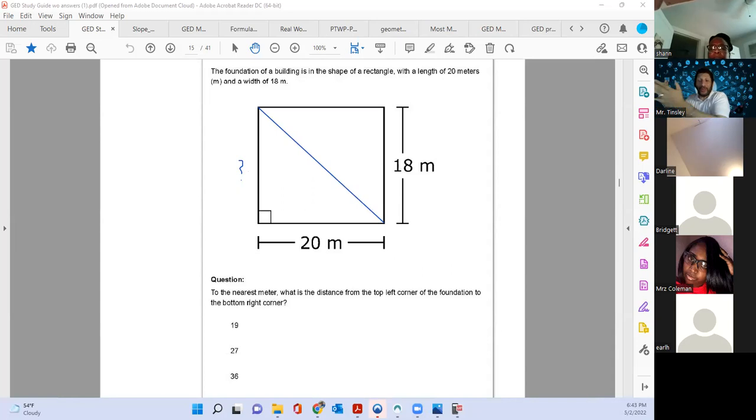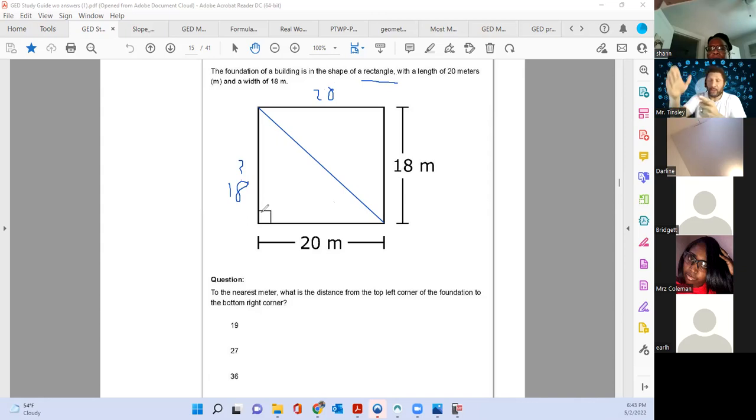But how do you know what that length is? So on the other side? Exactly. Remember, they started out by telling us this is a rectangle. One thing we know about rectangles, opposite sides are equal. So if this side is 20, this side is 20. If this side is 18, this side is 18.